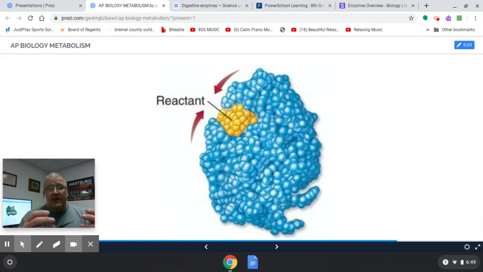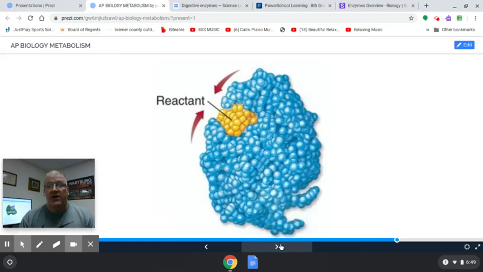This puts a physical strain on the reactant, causing it to be unstable in its current configuration, and that is the instability that causes the reactant to change. The enzyme provides that induced fit instability that forces the reactant to change into the products.